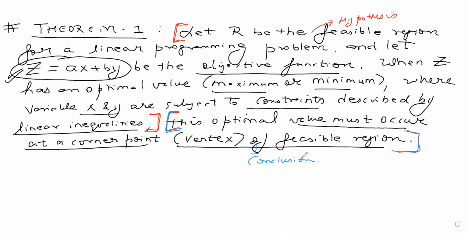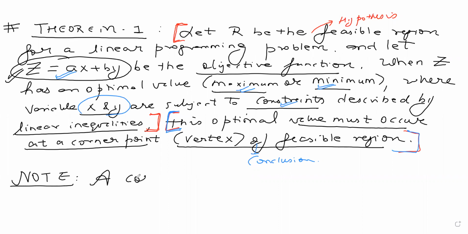So if R is the feasible region, Z is my objective function, which needs to be either maximized or minimized, and X and Y are the decision variables subject to the constraints described by the linear inequalities, then the optimal value must occur at the corner point. Now, guys, you must be thinking, what is the corner point? So we can write a note.